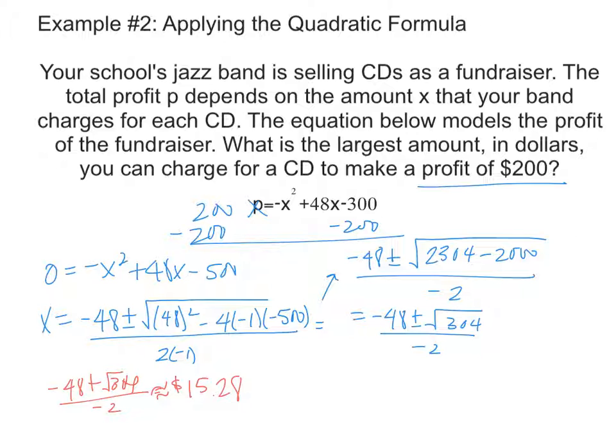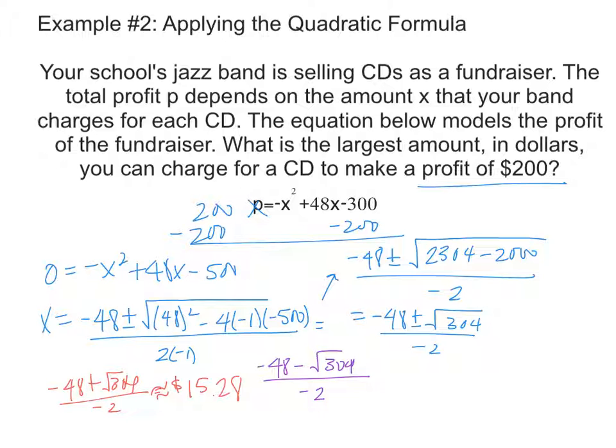Okay? For the other one, if the first one was positive, this other one needs to be negative. So I'm going to pick a different color. So let's say this is negative 48 minus the square root of 304 over negative 2. So here we go.